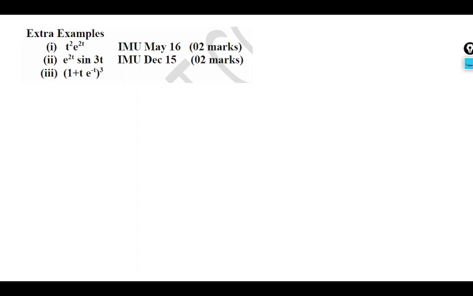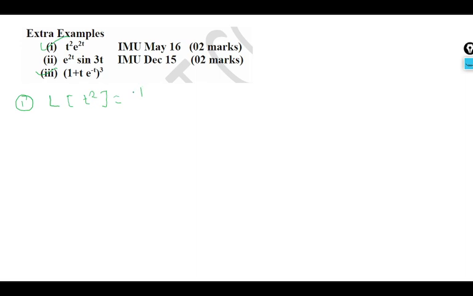There are a few more examples which were already asked in the old question paper. Out of those, we'll see the first and the third. They are simple. The second is also easy, you can do it on your own. So here we want Laplace of t square e raised to 2t. First we take Laplace of t square, which is gamma 3 upon s raised to 3.